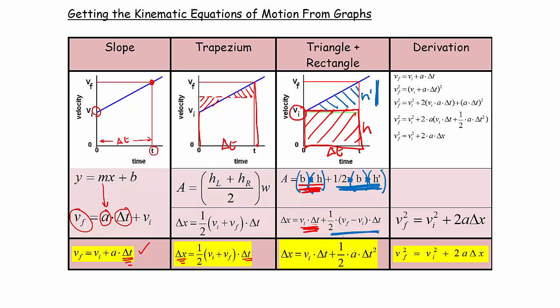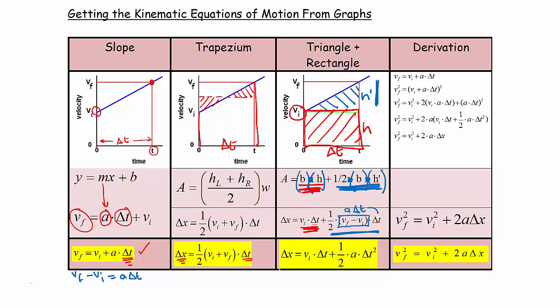But what we say is, look, VI times delta T plus, I'm going to say, half VF minus VI times delta T. I actually go, well, down here, I say VF minus VI is equal to A delta T. And I substitute that in, so A delta T for that guy. And so I end up with a half A delta T squared. So VI delta T plus 1/2 A delta T squared.